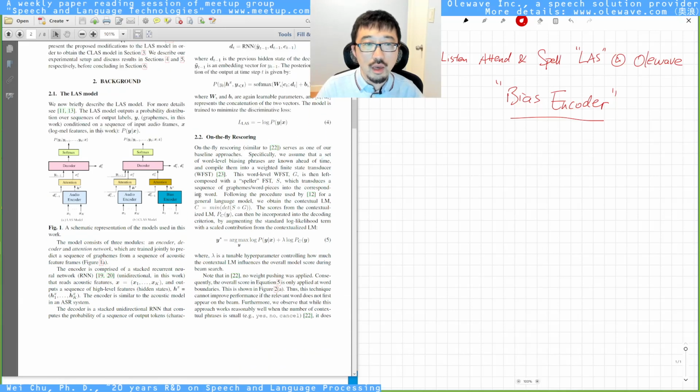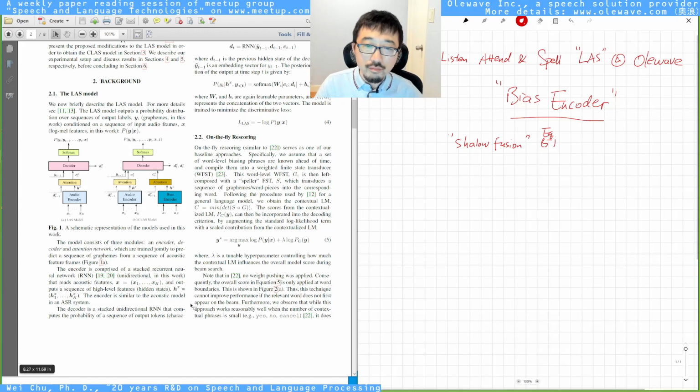First of all, I'm going to skip the basics of the LAS model, section 2.1. And also the second part, on-the-fly rescoring. Don't get confused by the word on the fly. The reason they say this is on the fly is because they're doing something called shallow fusion in equation number 5.